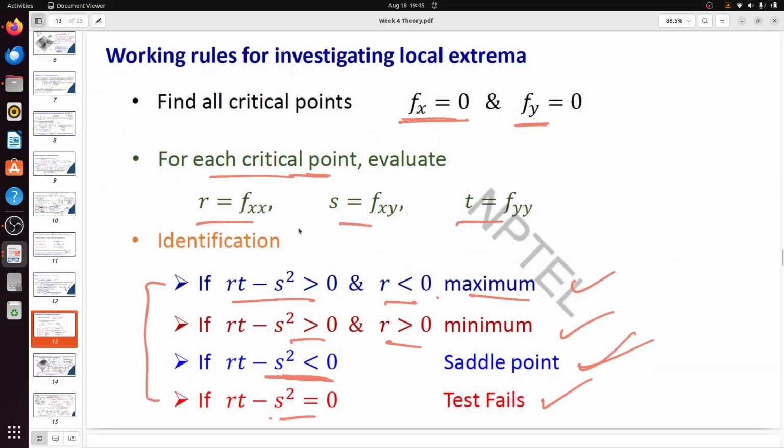So this is the working rules for investigating local extrema that I have written. I am just keeping this slide for quite a few minutes. You just try to digest whatever I have written in the slide.